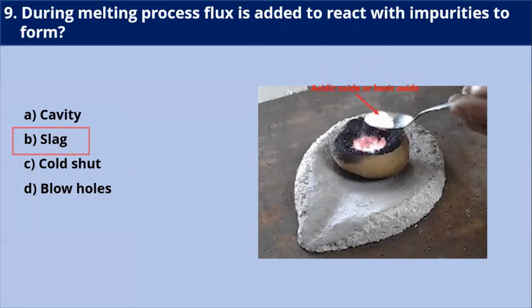It combines with certain impurities in order to form a substance called slag, and this can be easily removed. If slag is not completely removed, then it may cause slag inclusions. So that's why our answer is B, slag.